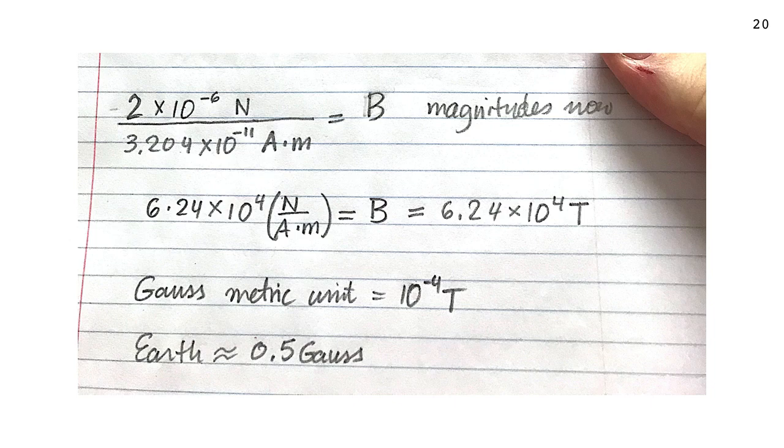All right, I'll be forced to do it myself. 2, enter exponent, negative 6 divided by 3.204, enter exponent, negative 11, equals.